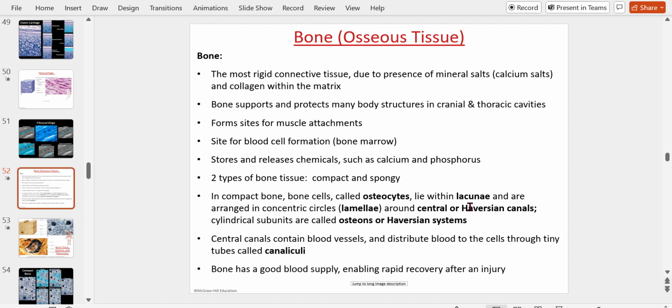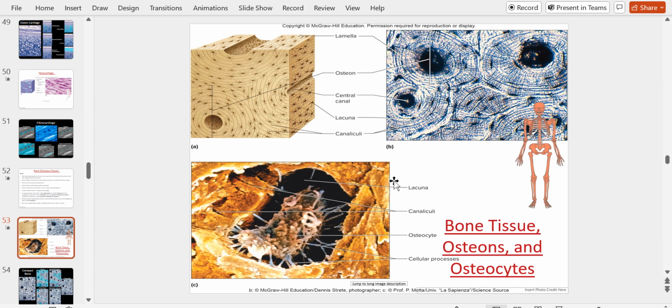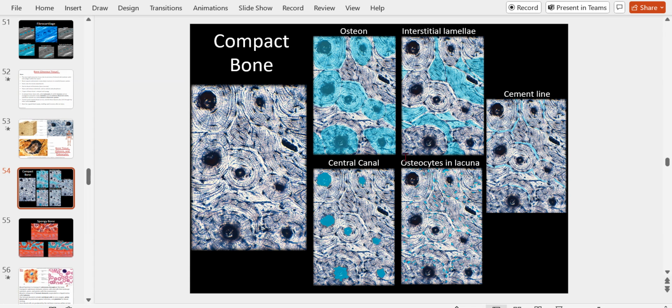Bones have a good blood supply and are alive. You'll see this is what we call a Haversian canal, the central canal, and that's where the blood vessels and nerves are; the bone grows around it. There's your compact bone.